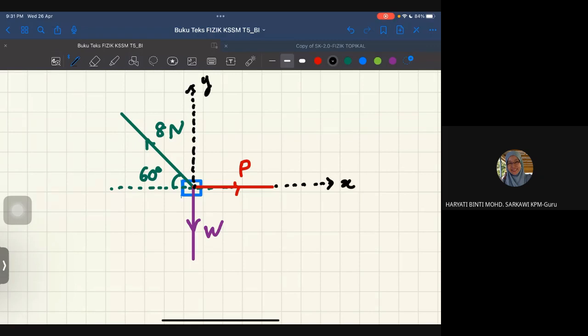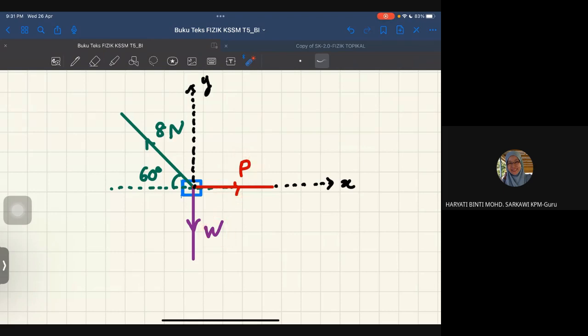So when you see the three forces now, obviously P is following x-axis, horizontal. And then W is following y-axis. So it means that you don't need to resolve P and W, because P only has horizontal component, and W only has vertical component.